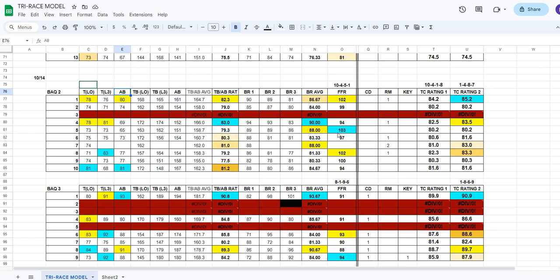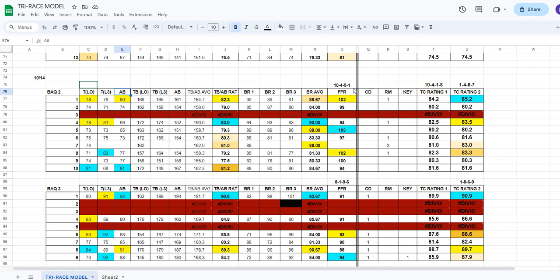I may put together another grid and add those extra columns to that. But right now, for those that aren't familiar with what I was explaining with the recent ability and past ability, in my last video before this one, I really did a good breakdown of what this grid is representing. But I have a 10-4-5-1, just as far as the eye test goes.